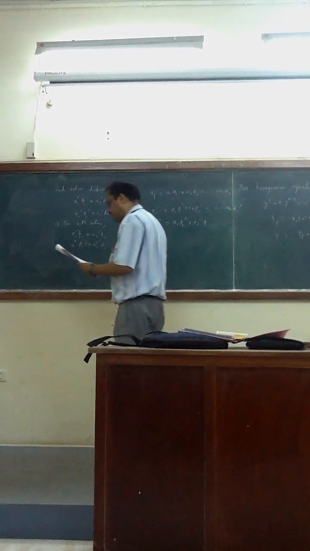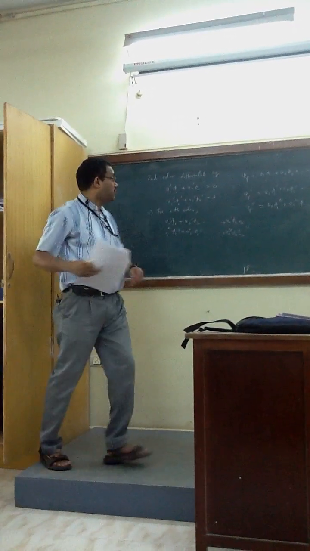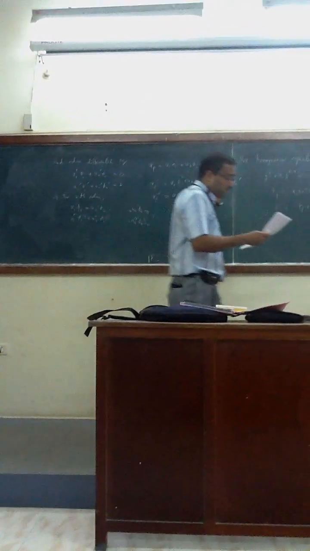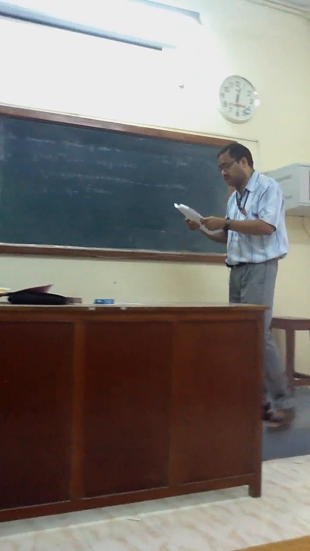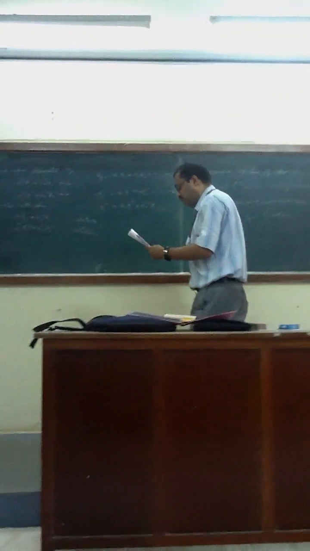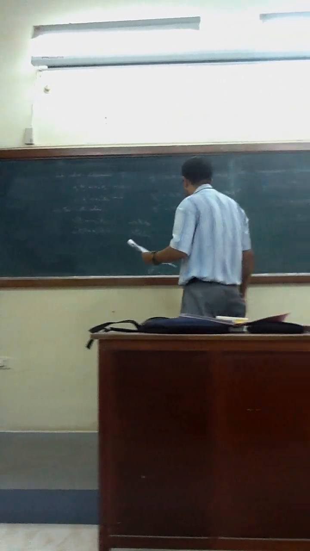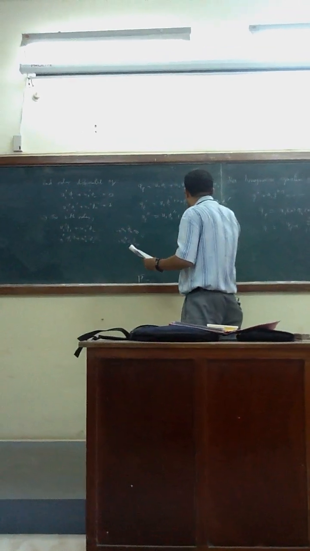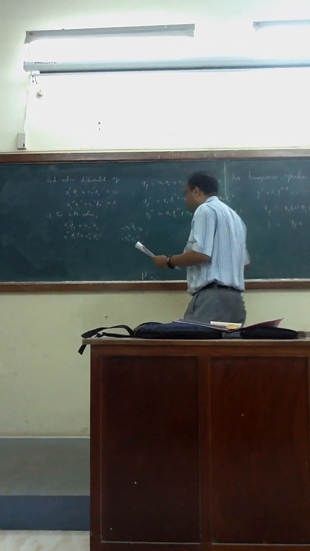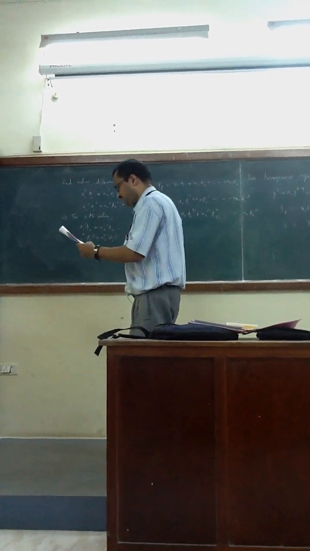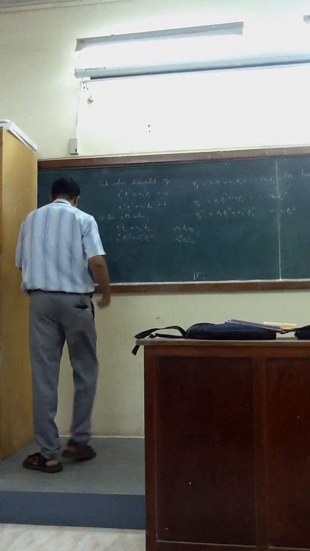There you go. Sorry, this is 0. So psi p prime is u1 phi 1' plus and so on. This part is okay, right? Yes. Okay. So if this is the case, what is psi p double prime? I want to get in this fashion. Then what should be 0? That's what I'm asking. What is that?